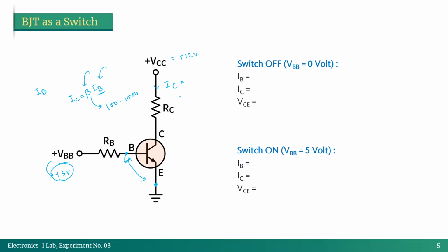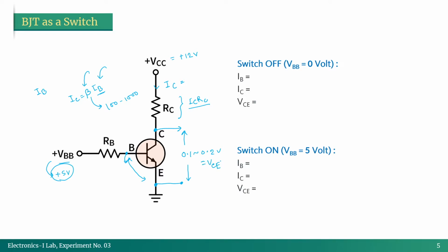Because of that, there will be some voltage drop ICRC, right? And because of this voltage drop, the voltage here will be lower than before. And typically, as our VBB is very high, we will see that the voltage has dropped to around 0.1 to 0.2 volt, okay, which is our VCE.